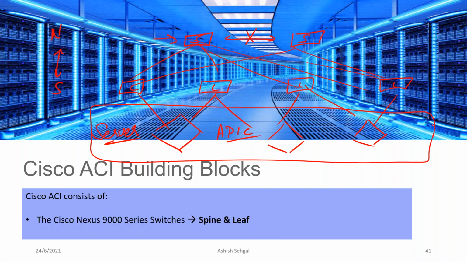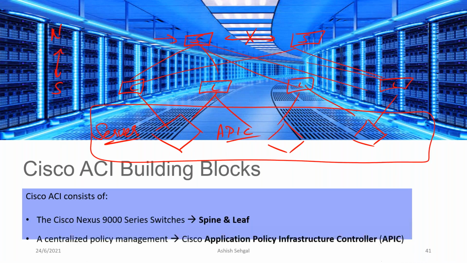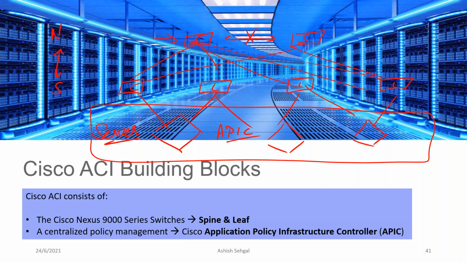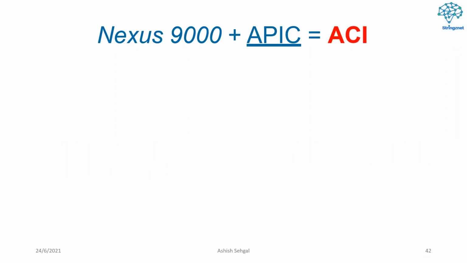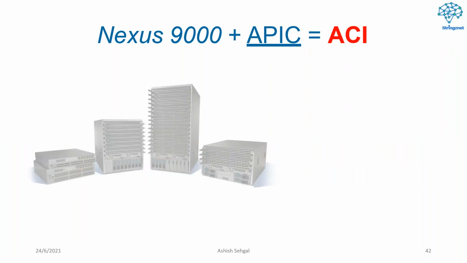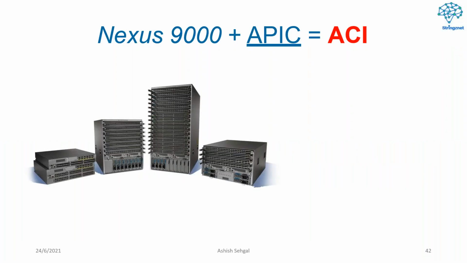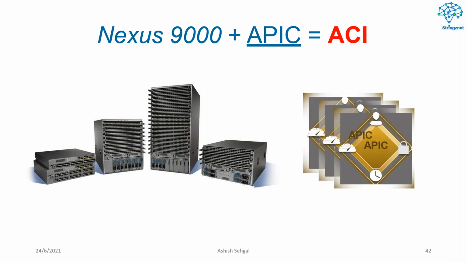These devices are the ones which form our ACI building blocks. As we discussed, how do they look? These are the boxes: Nexus 9500 and 9300, and the APIC controller.